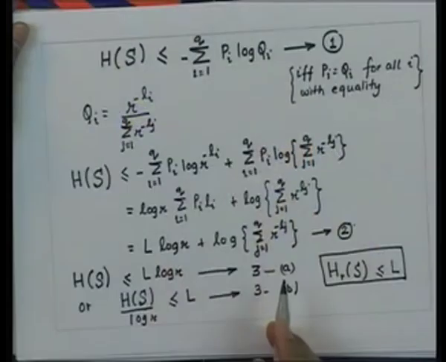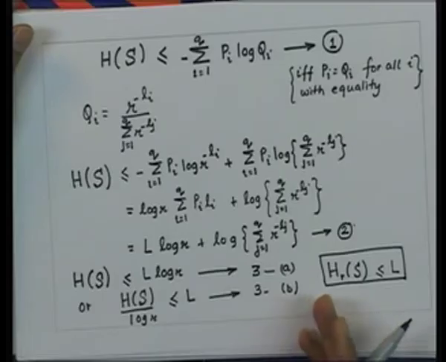So, this equation provides some kind of a justification for the definition of our information measure which we had started earlier in the course. Now, on the surface equation 3 merely presents us with a bound on the average length of a code.